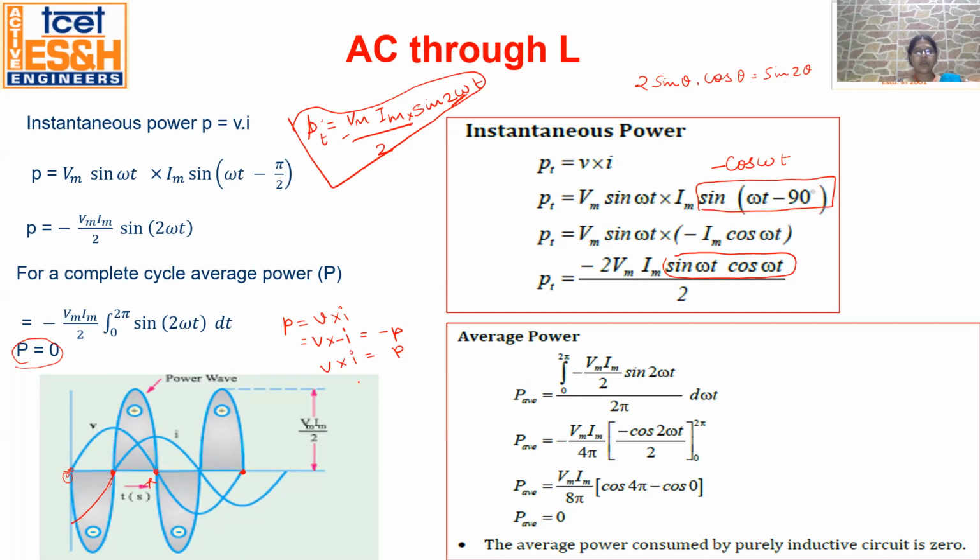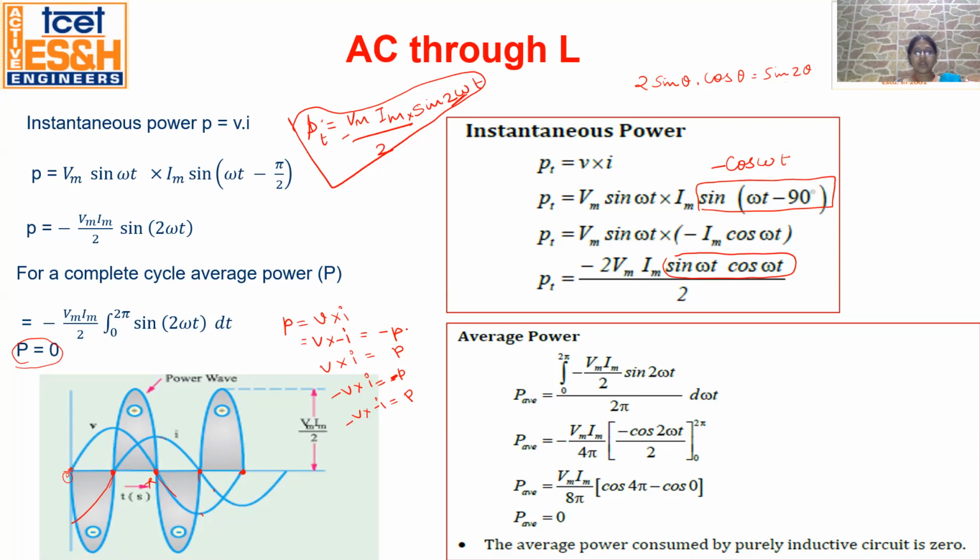Now again, after this point, what happened? This is the voltage and this is the current. Now voltage is negative and current is positive, which gives negative power. So again your power is negative till this point. At this point, voltage is negative and current is negative, so power is positive.